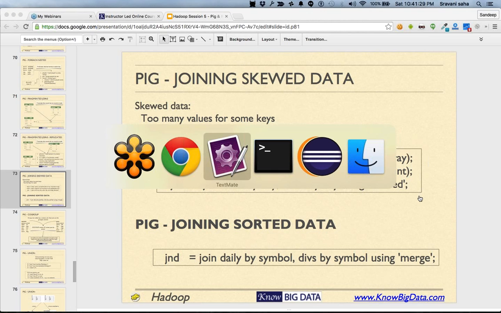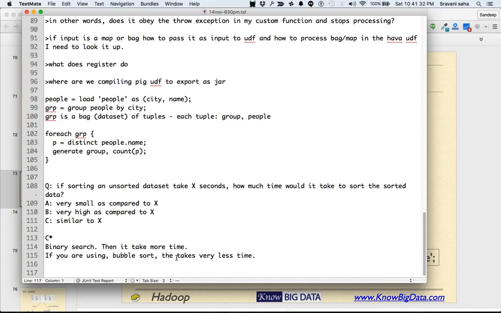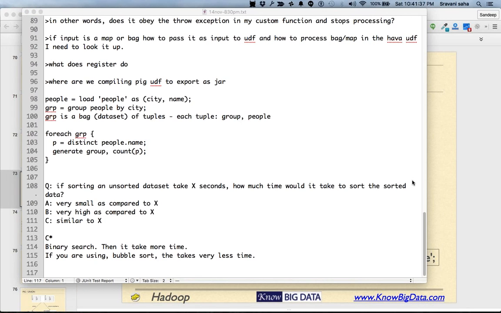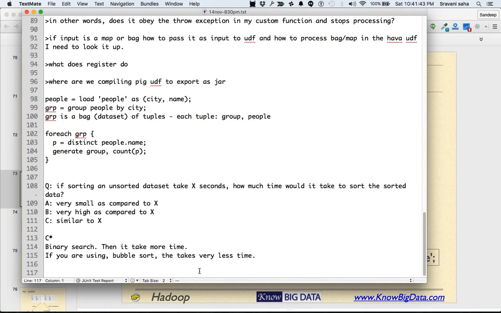Susant, is your question about why nobody uses bubble sort, or why sorting sorted data takes less time? Bubble sort is an algorithm which keeps checking all the time: is it sorted? Is it sorted?